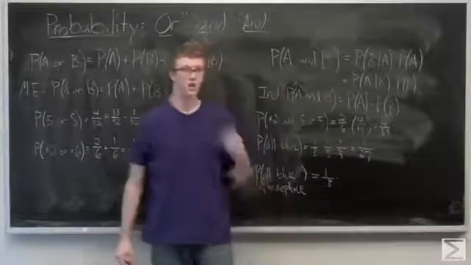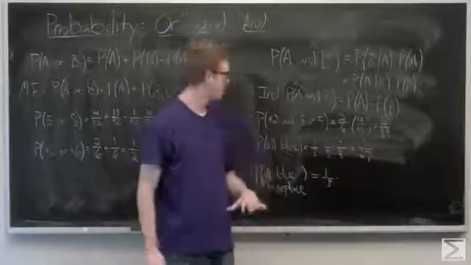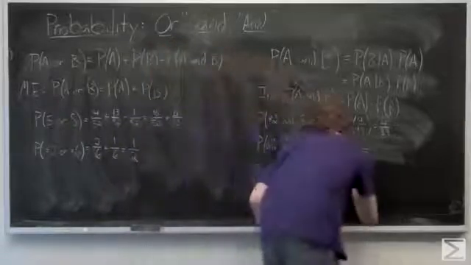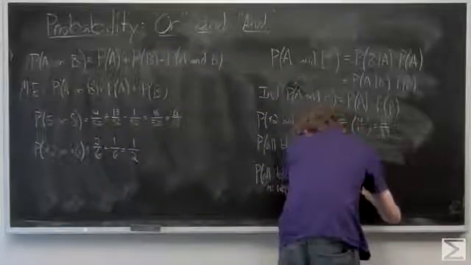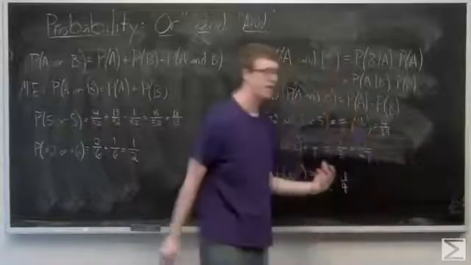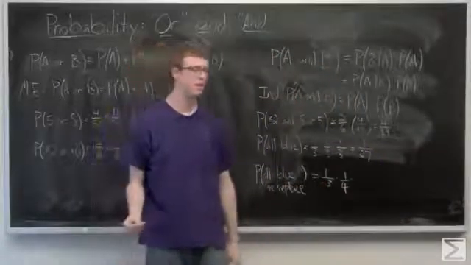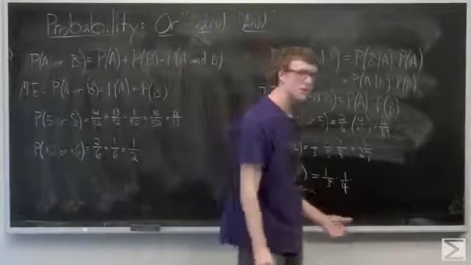Now, after we've drawn that first one, there's 8 marbles left. 2 are blue, so that's 2 out of 8, or 1/4. And then finally, there's 7 marbles left, but only one of the marbles left is going to be blue. So we have 1/7.